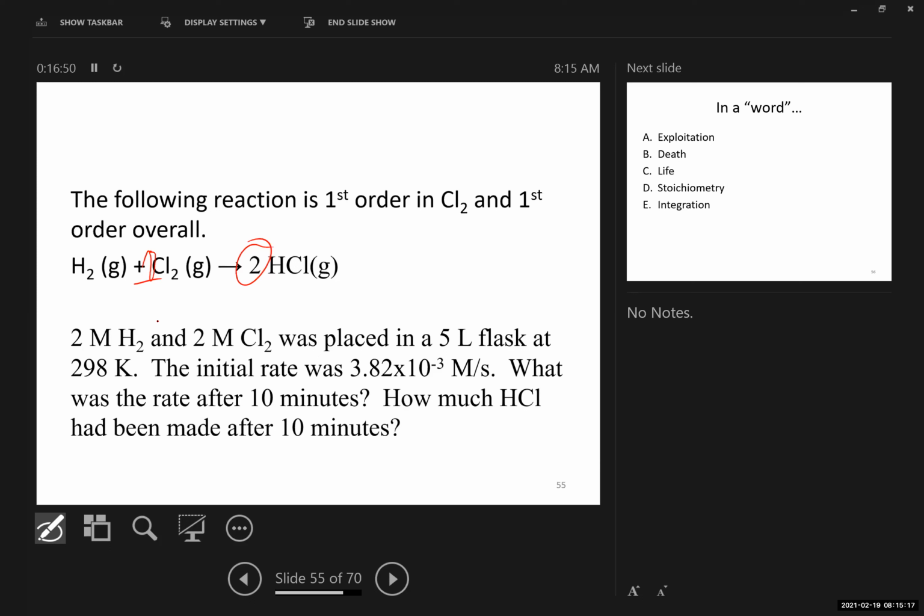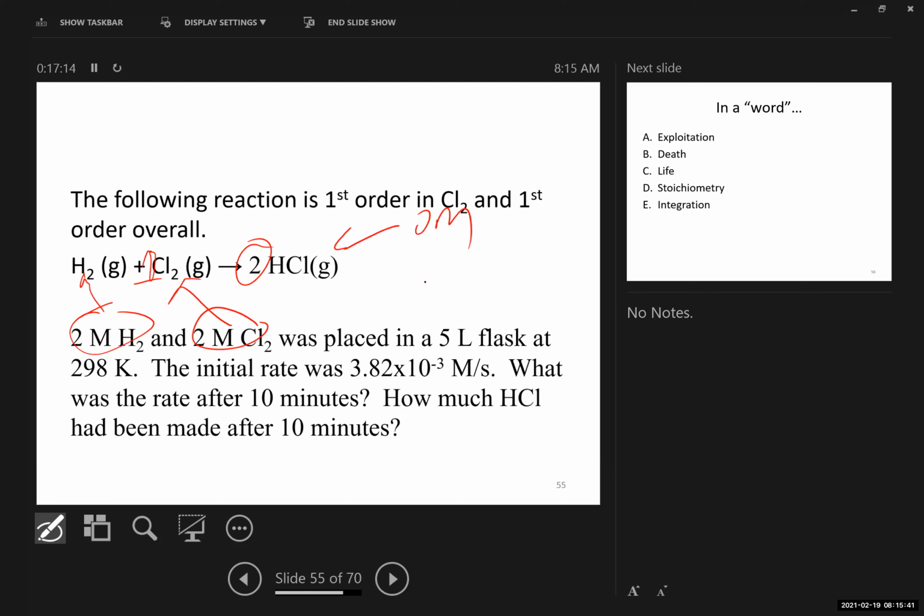So initially, I had 2 molar hydrogen. Initially, I had 2 molar chlorine. Initially, I have 0 molar HCl. Then there's always the amount that reacted.